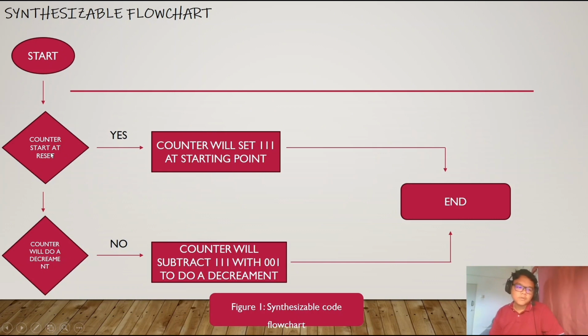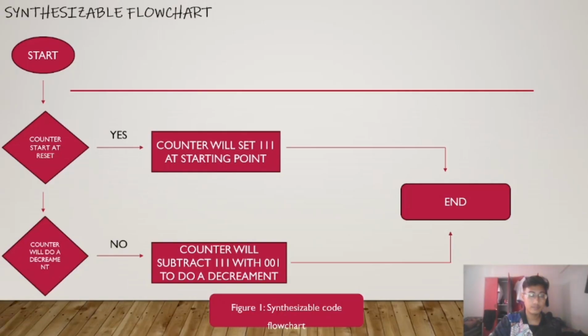If the counter does not start at reset, it is like a preset, it will decrement, and it will subtract 111 by 001 to do the decrement. And that's for the flowchart.